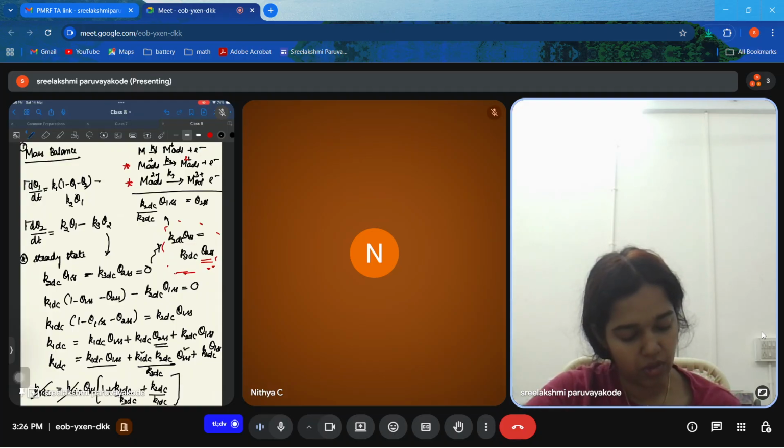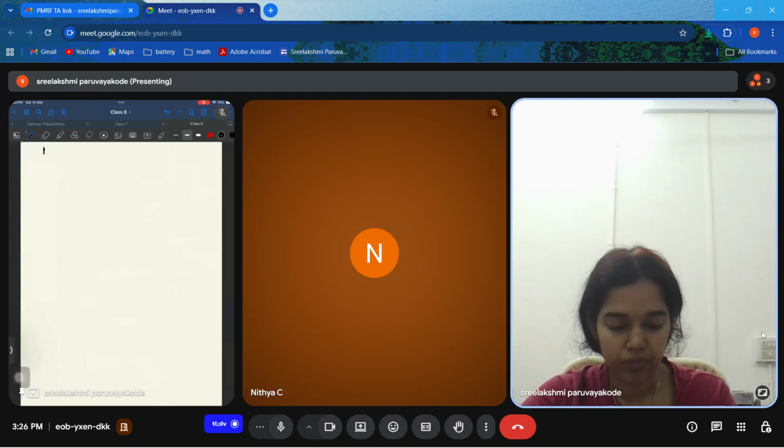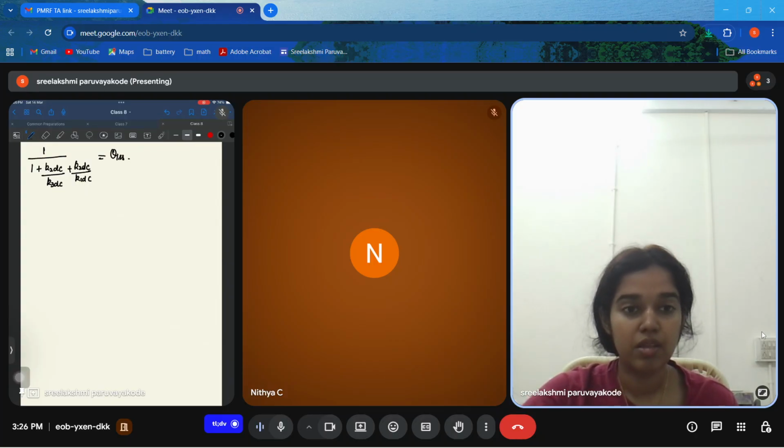K1 dc and K1 dc go. So you have 1 equals theta 1 SS times (1 plus K2 dc by K3 dc plus K2 dc by K1 dc), so theta 1 SS equals 1 by (1 plus K2 dc by K3 dc plus K2 dc by K1 dc). This is the expression for theta 1 SS.